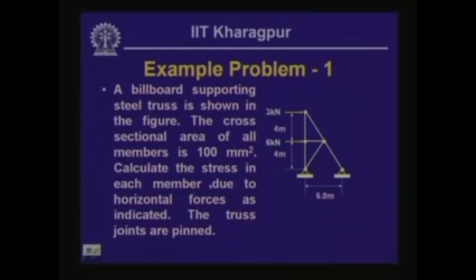Now, having defined this strain, we had looked into the concept of stress in module 1. Now, we have defined the quantity which we call strain. We have established the relationship between stress and strain, and within elastic limit we have seen how in an axially loaded bar we can evaluate the deformation if we know the load.